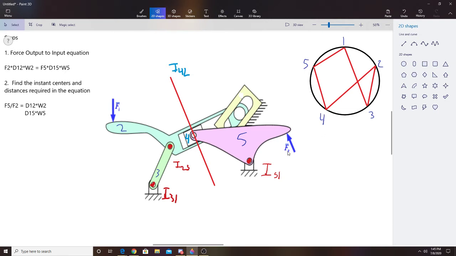Is there any obvious ones that I'm missing? Anybody? I think this is it. I don't think I'm missing any more.